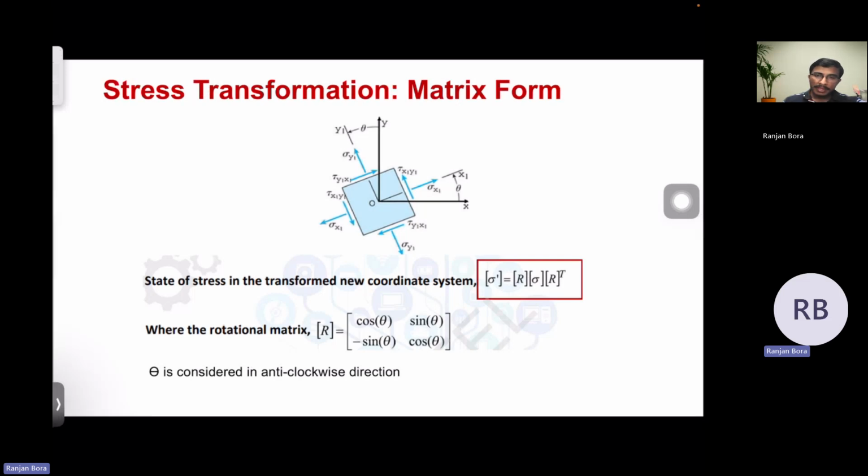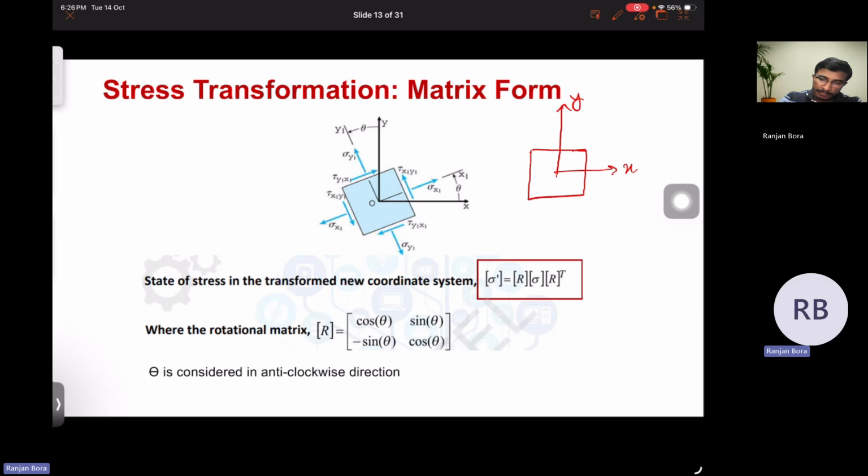If we know the state of stress for this orientation X and Y, let us take sigma X, sigma Y, and tau XY, tau YX. So we know the state of stress for this coordinate system XY.